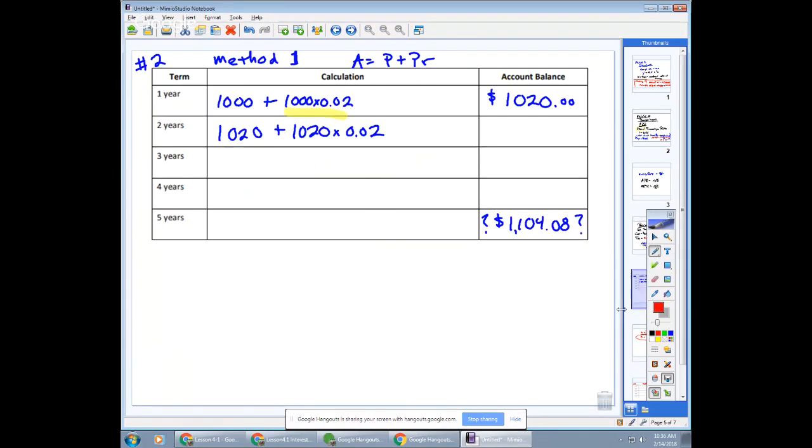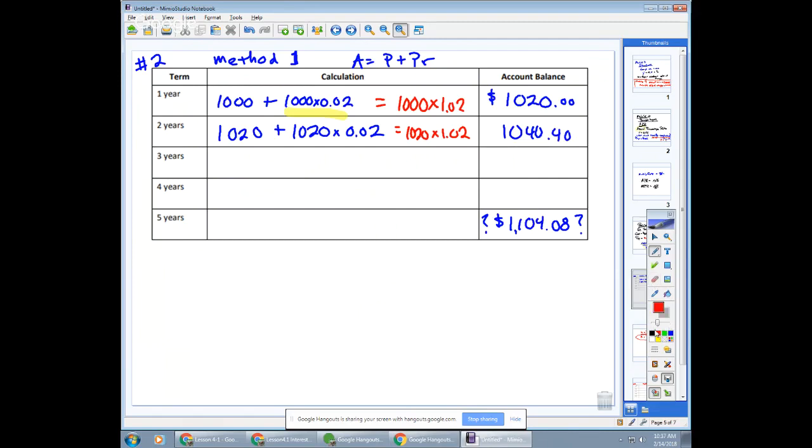So in my table, off on the side maybe, or right here, I could say I now have 1,000 times 1.02. And then in this line right here, that's the same thing as 1,020 times 1.02. What was the answer for this one right here? Is it 4040? $1,040.40? Yes.